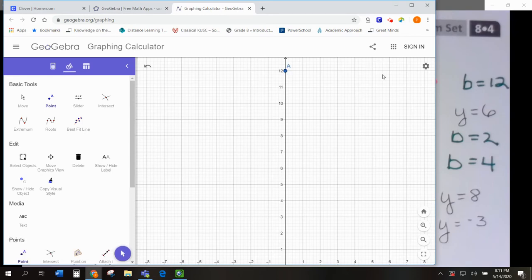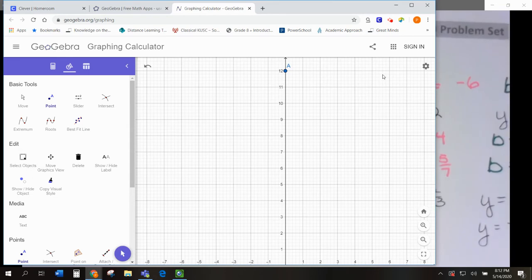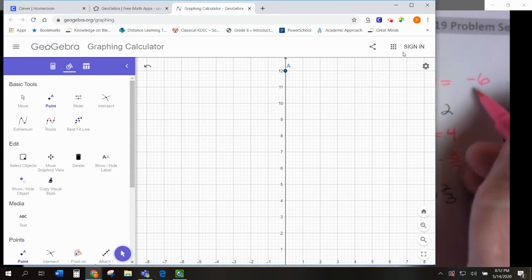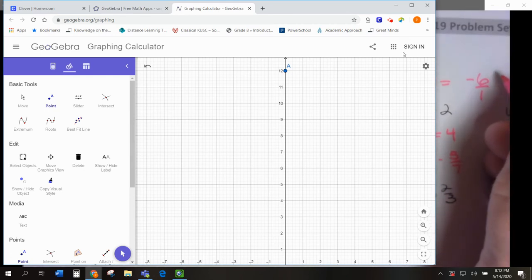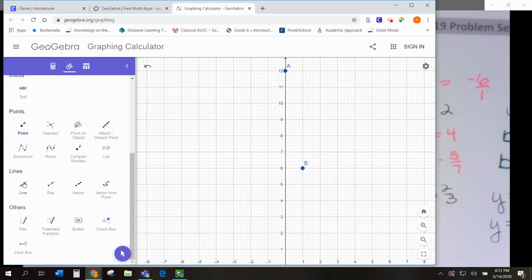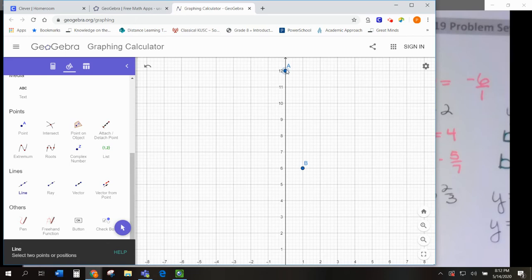And our slope here is negative 6. And remember, as a fraction, that's a negative 6 over 1. So our rise is 6, our run is 1. Negative, meaning we have to go down. So starting here we go 1, 2, 3, 4, 5, 6 down and over 1. And we put it there. And then we can connect these with a line.